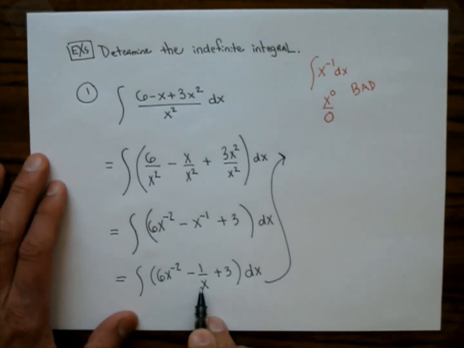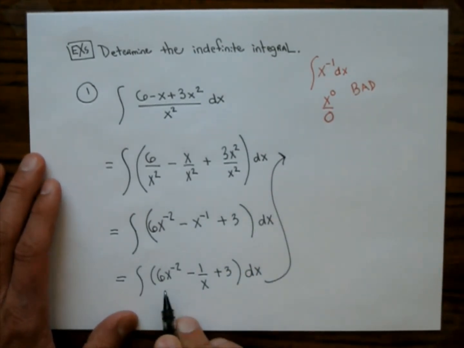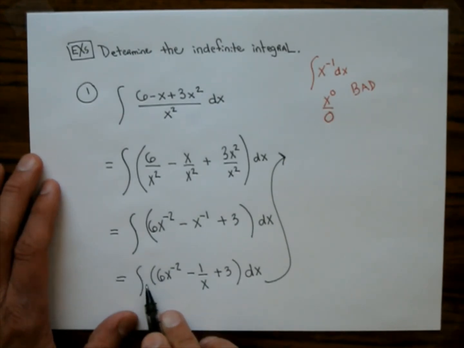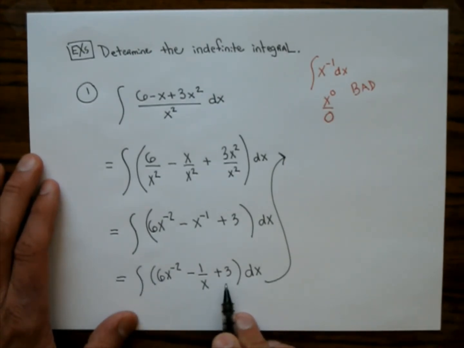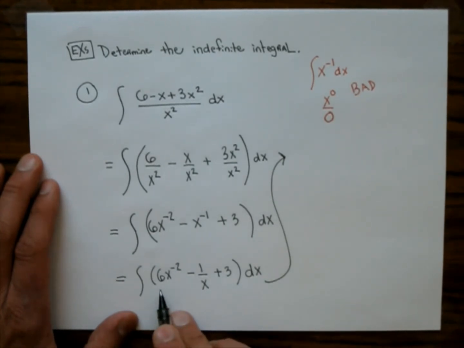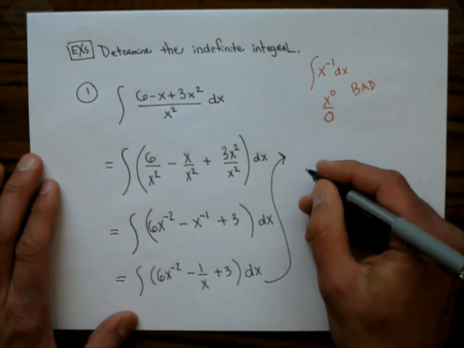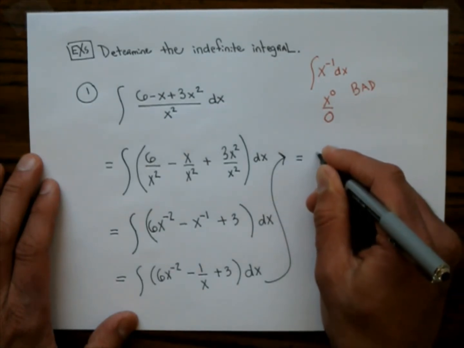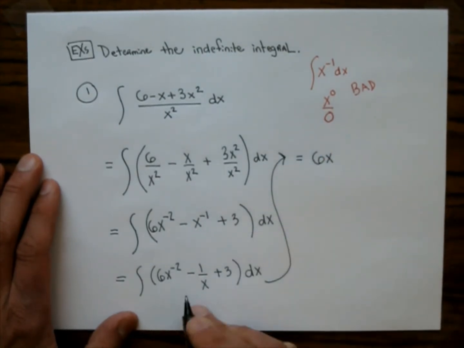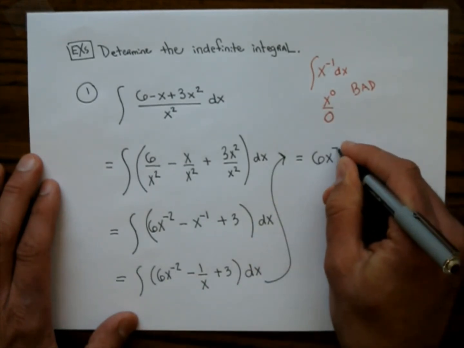I'm going to zap each of these 3 things because the antiderivative of a sum is the sum of the antiderivatives. So I'll just do these one at a time, just like I would do derivatives. The antiderivative of 6x to the negative 2. This is 6x, and you add 1 to that exponent. So negative 2 plus 1 is negative 1.